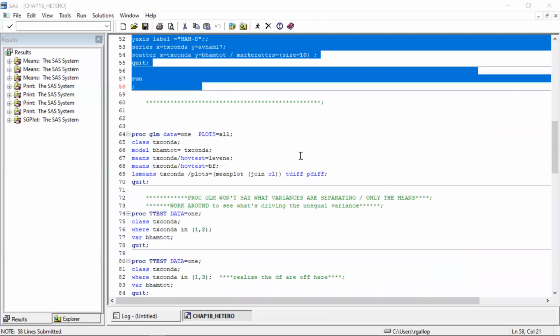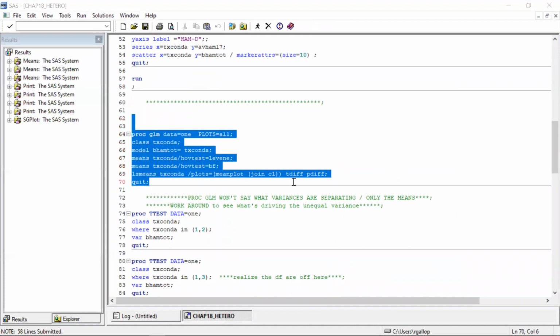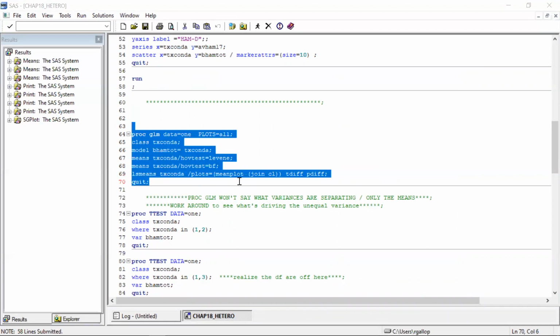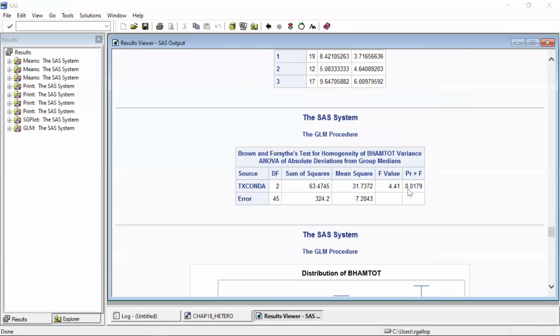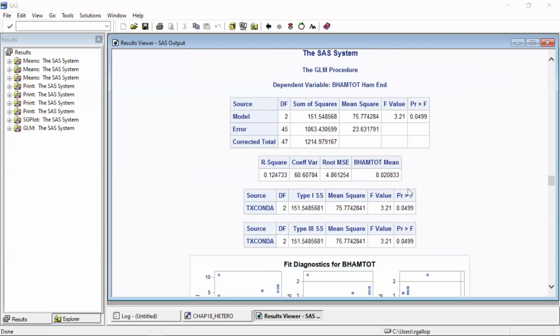But if we go here and we run the ANOVA model, we're going to do the Levene's test, but I want to show you what happens if we do one of the other tests as well. Let's go ahead and run the ANOVA. Now, this is real life data, and this cracked me up when I analyzed it, whatever it was, 15 years ago.